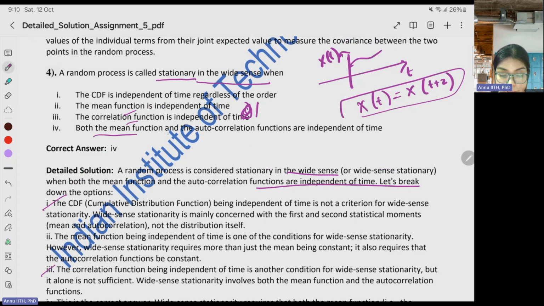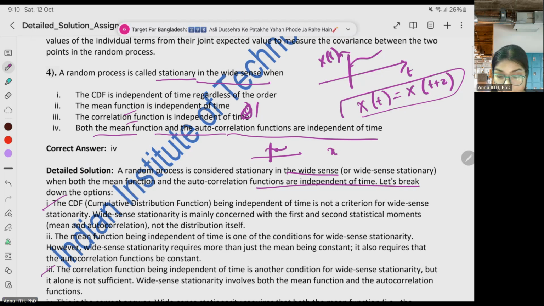When both the mean function and the autocorrelation function are independent over time. Because it is stationary in the sense that whenever you have a graph like this, it is not changing. So you have x(t plus delta) equals x(t), where x can be the autocorrelation and mean function.